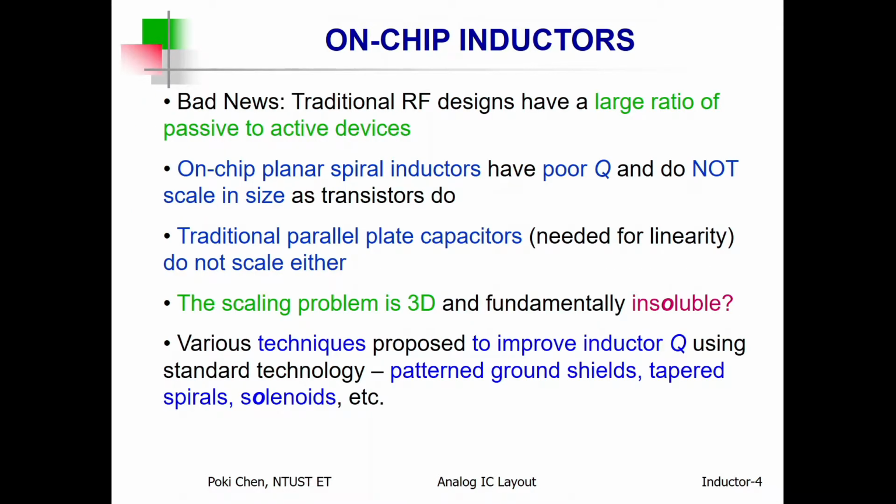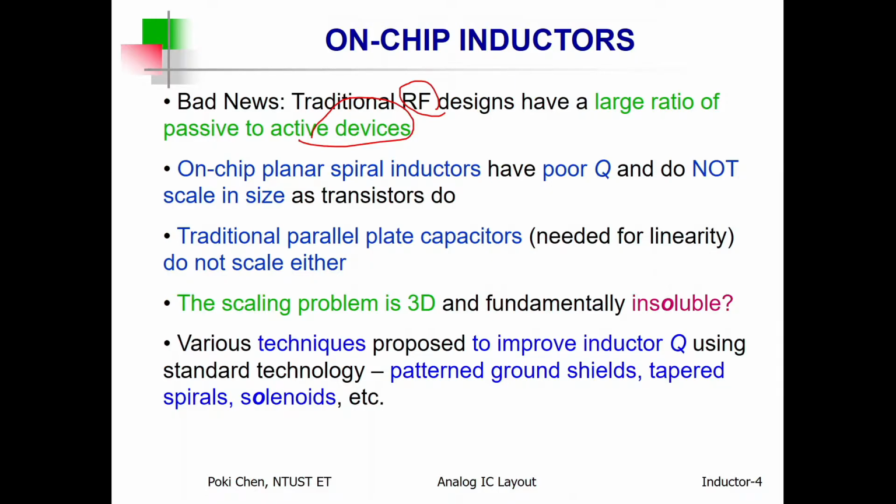And for on-chip inductor, as I mentioned, we pay a lot of attention to its active area, because usually for such kind of RF circuit, the passive layout area usually is much larger than the active device area.